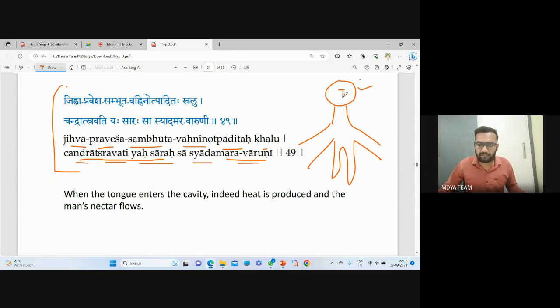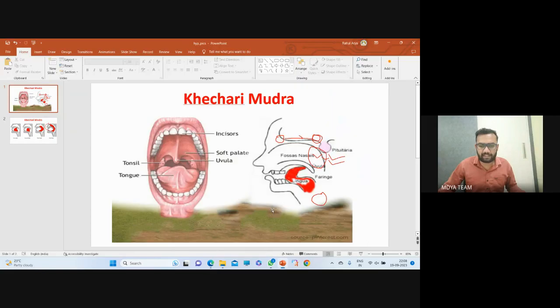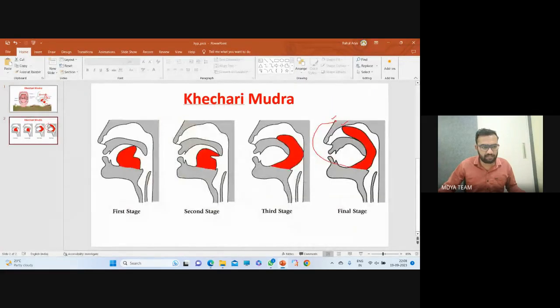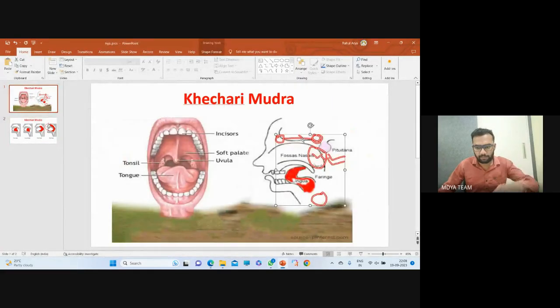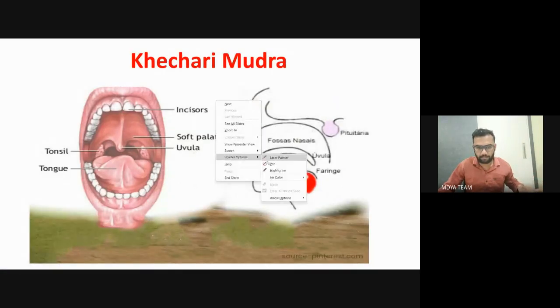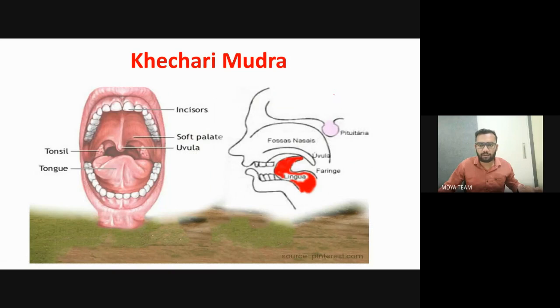So during this practice, to understand by this example, I'm not sure exactly whether it is Chandramandal or not, it's our pituitary gland, okay?